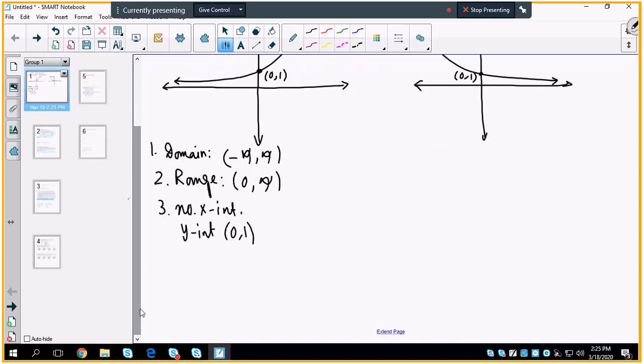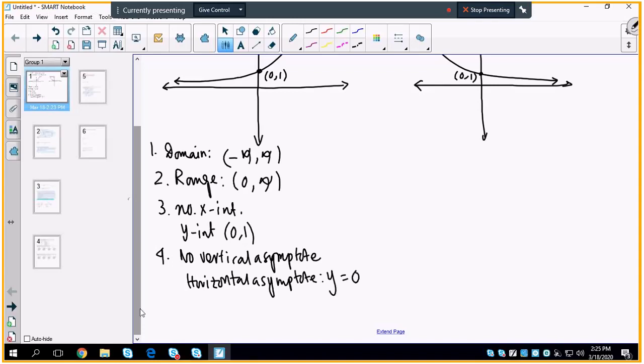We talked about asymptotes. We said that there is no vertical asymptote for exponential functions, whereas there are horizontal asymptotes, and the horizontal asymptote for the basic exponential functions is given by the x-axis, which is the height y equal to 0.